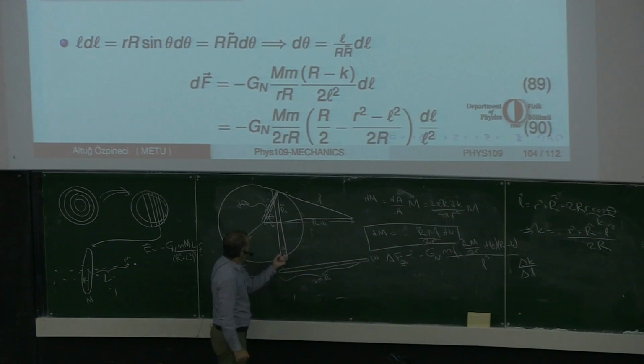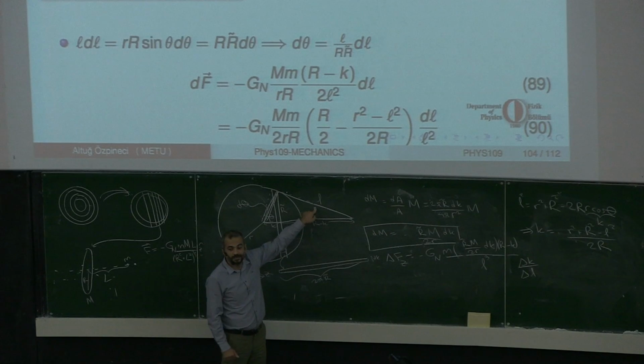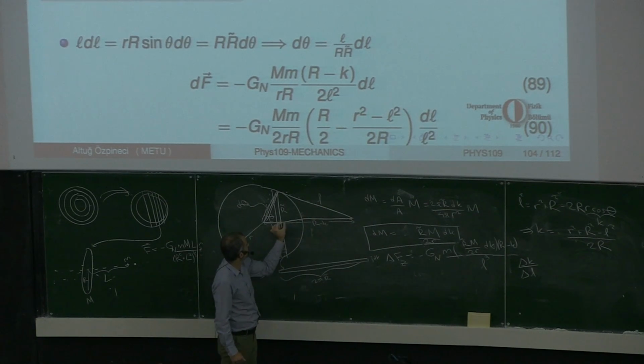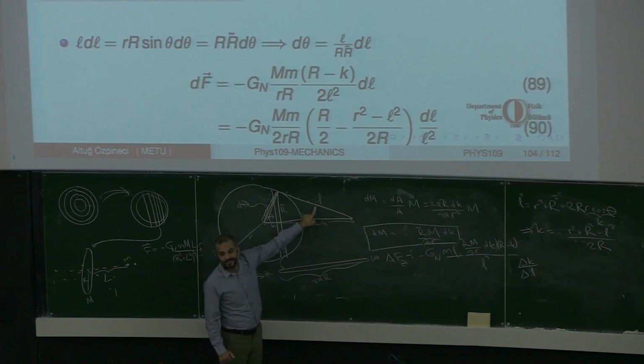Now this dk, that is, in each ring, I'm changing k by a very small amount, by that dk. But as I'm changing k, I'm also changing L, because if I take the next ring, L will be different. L will be L minus delta L, some very small amount.